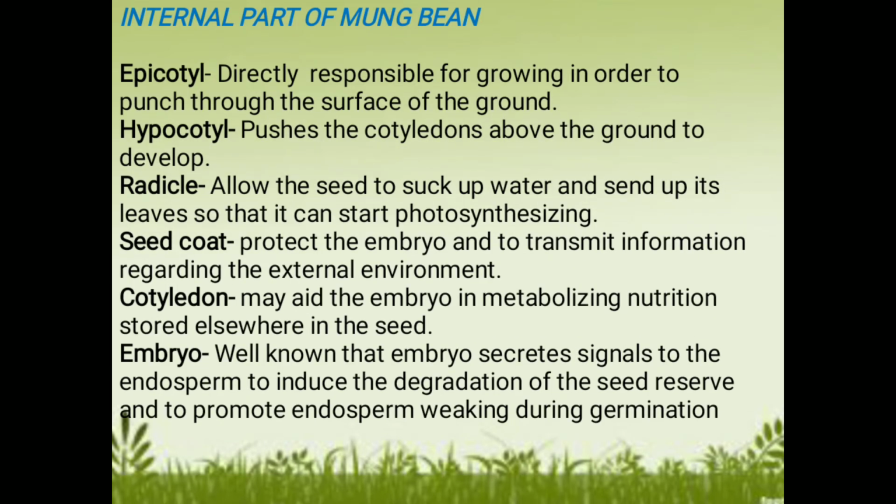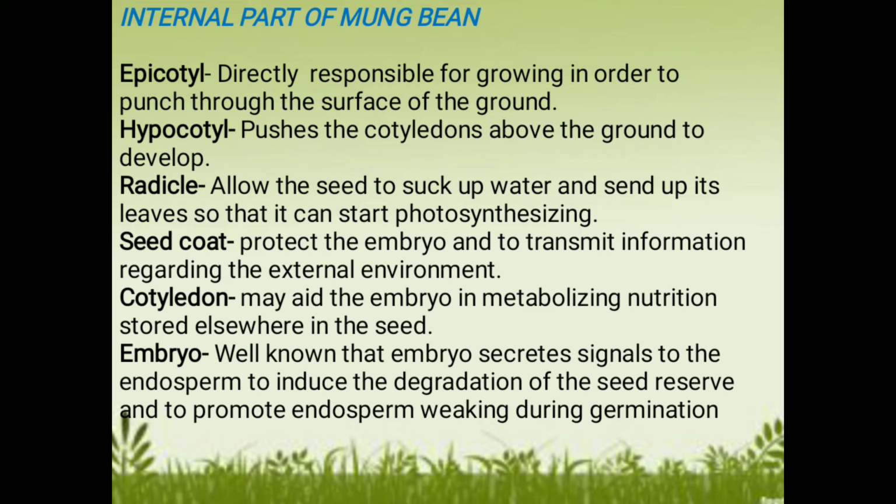Next is the internal part of mung bean, the epicotyl, directly responsible for growing in order to punch through the surface of the ground. The hypocotyl pushes the cotyledons above the ground to develop. Then the radicle allows the seed to suck up water and send up its leaves so that it can start photosynthesizing.